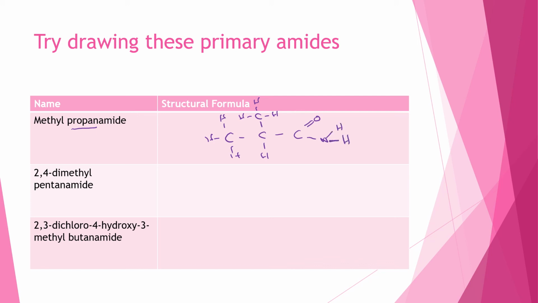Next one, 2,4-pent means 5. 1, 2, 3, 4, 5. Put the amide group on, and then 2,4 is dimethyl, so put the appropriate number of hydrogens on so that each carbon has 4 bonds.